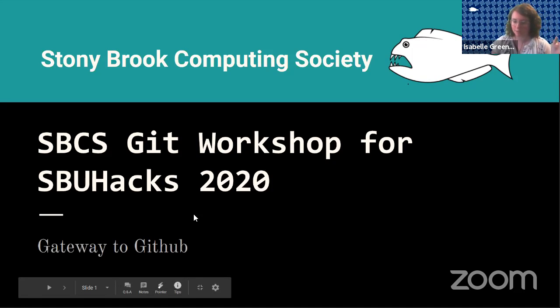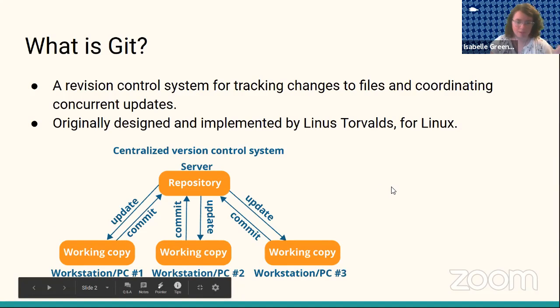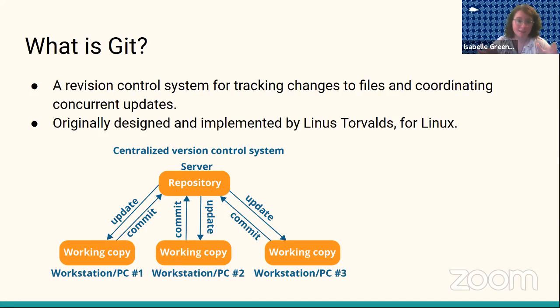Okay, so I'm going to go ahead. Now, I want to give you a quick introduction to what Git is. And like I said earlier, it helps to track changes and revise code as you go. You can kind of think of it as like Google Docs, but for coding.